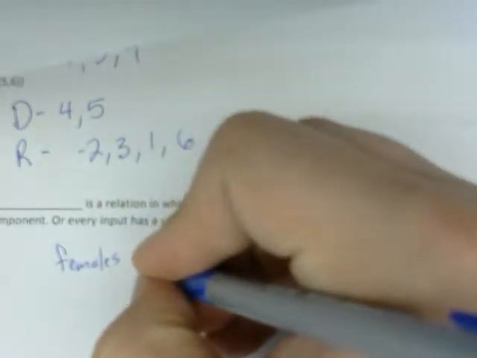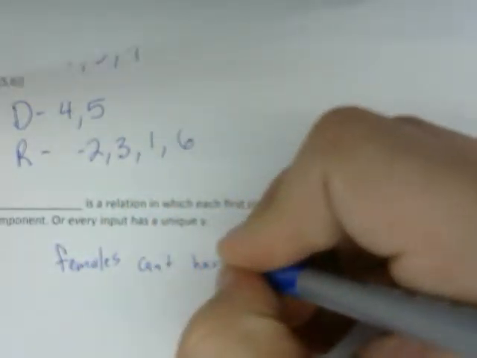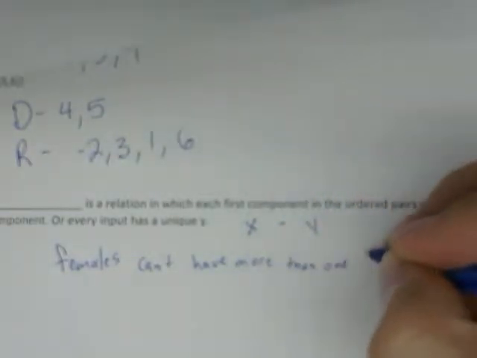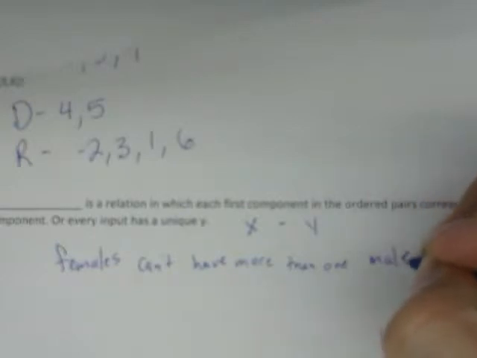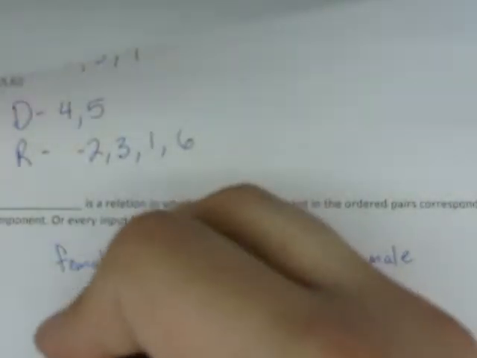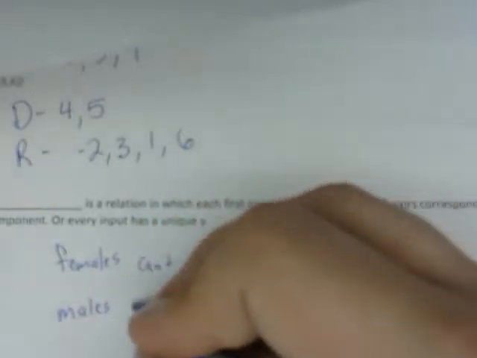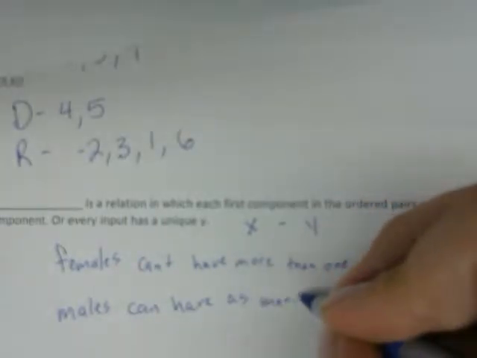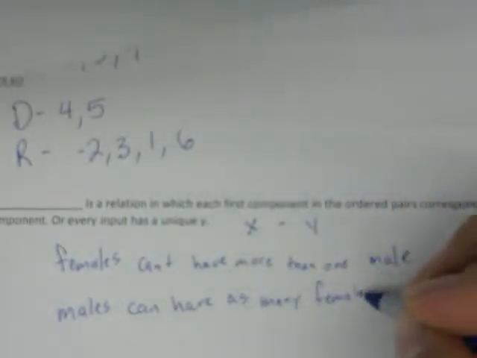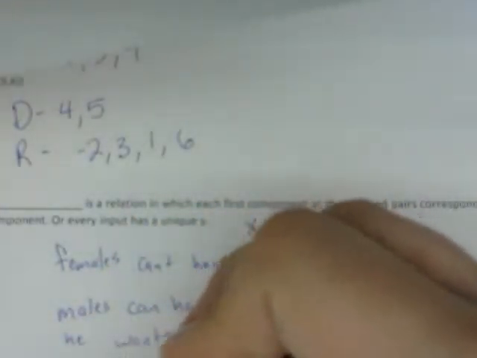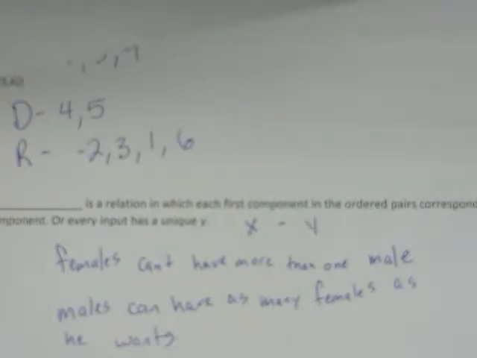Females can't have more than one male. Males can have as many females as he wants. Now, let me tell you why I'm giving you this analogy.